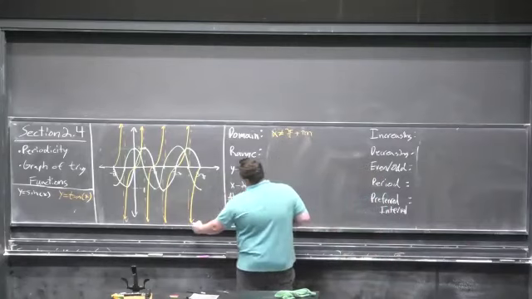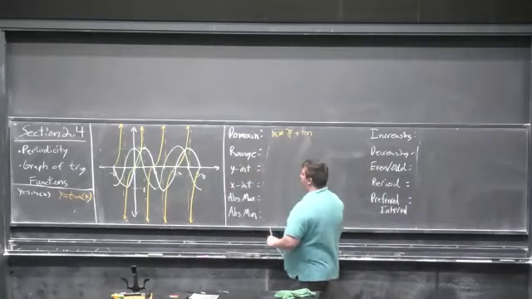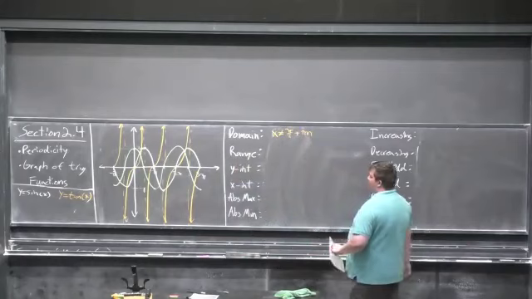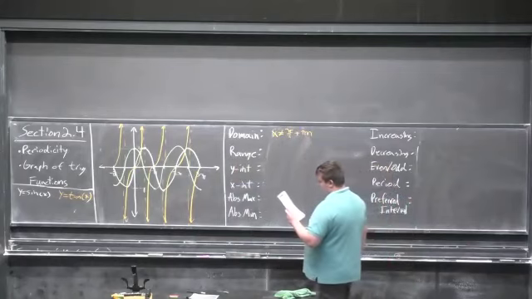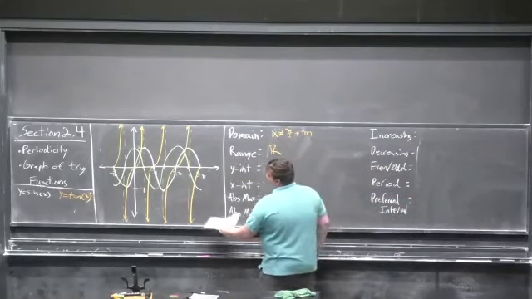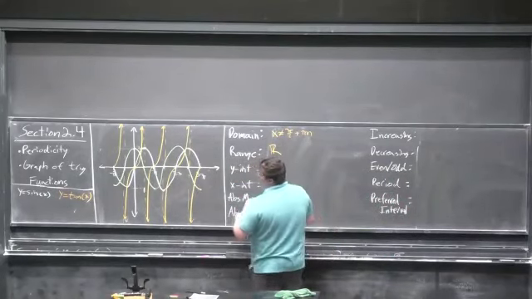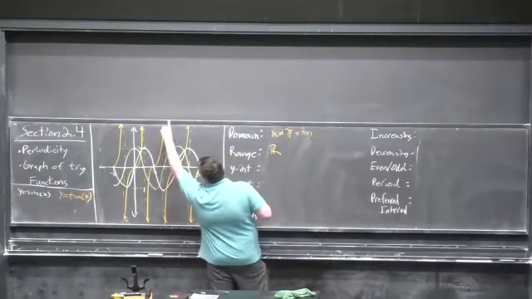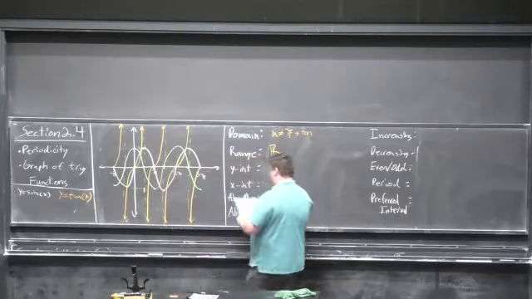And that's because we go asymptotic at those values. The range of it is all reals. Any value of y I can hit because of how this stretches to positive infinity and negative infinity.